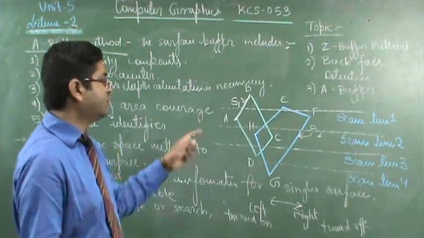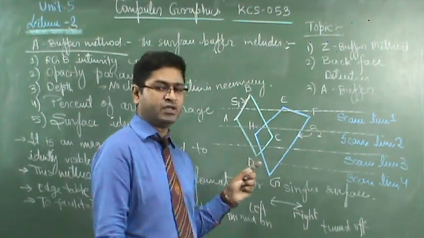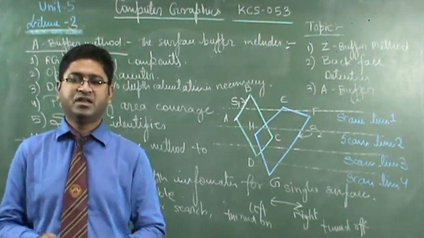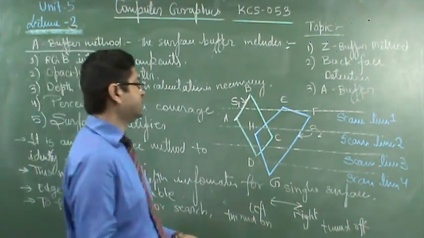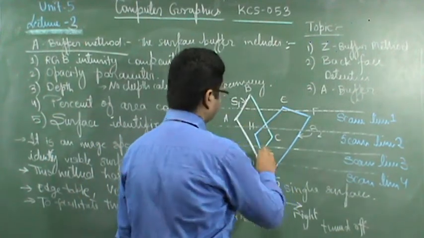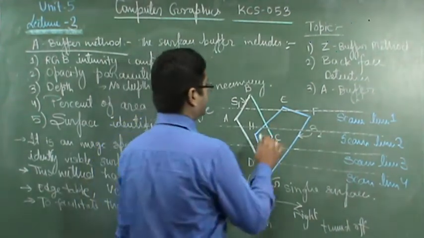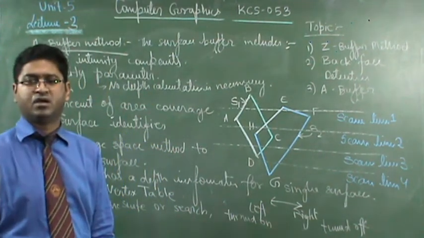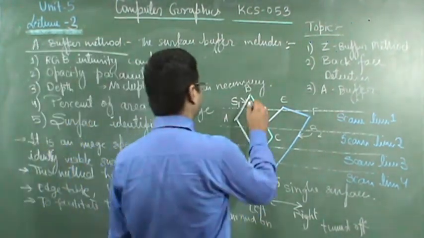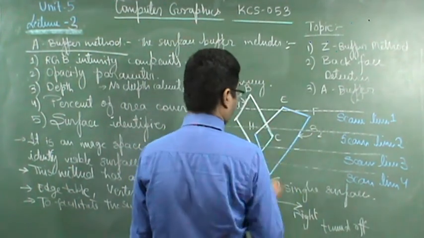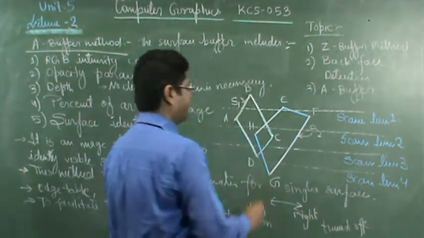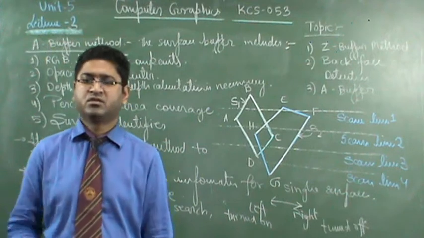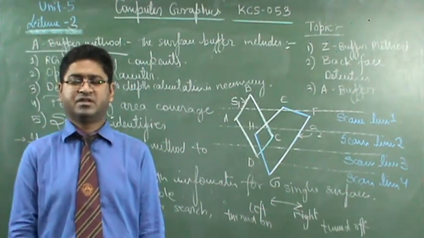For scan lines 2 and 3, the active edge list contains edges AD, EH, BC and FG. Those are the lines: this is AD, then EH, then BC and FG. Along scan line 2, from edge AD to edge EH, only the flag for surface S1 is on.